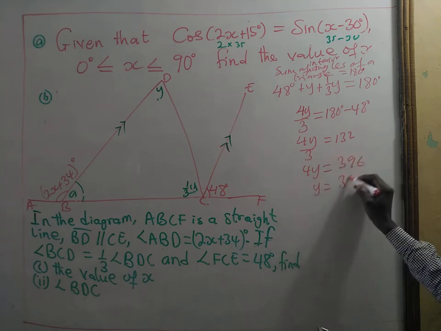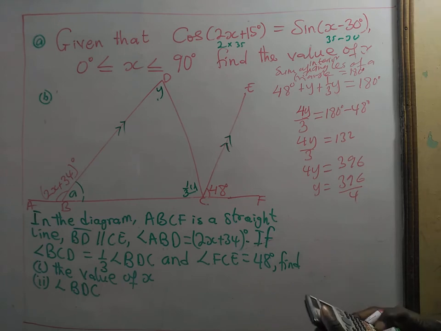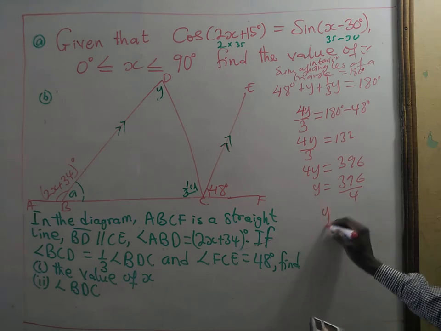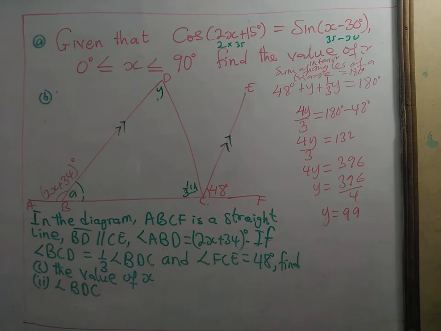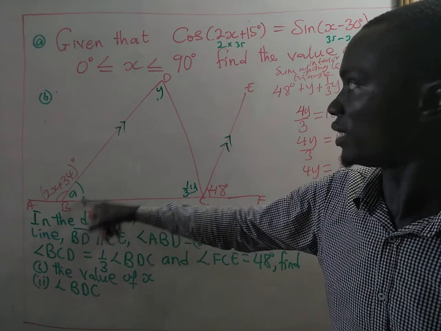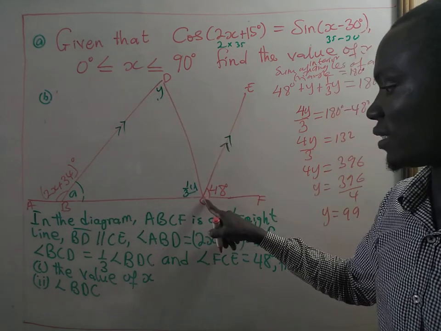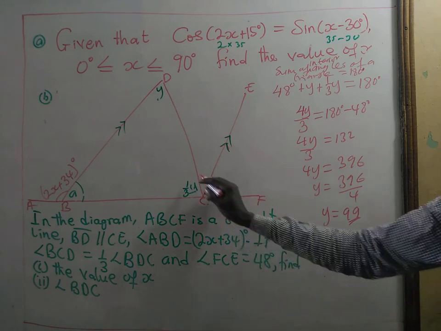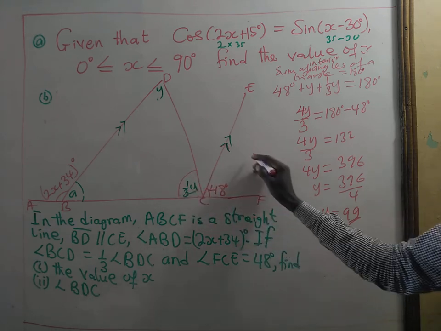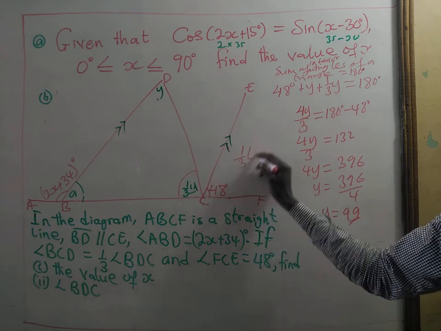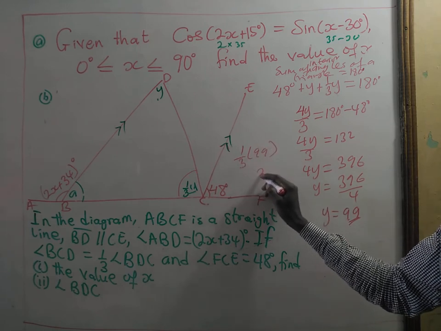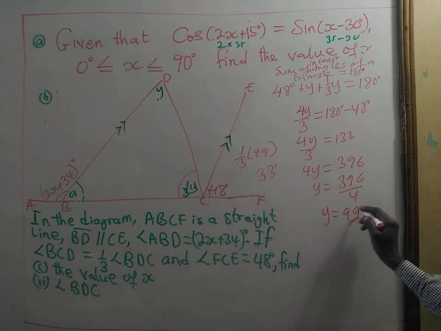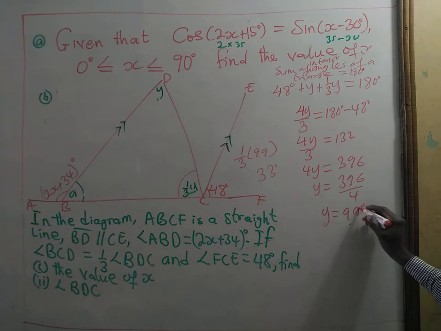Y equal to 396 divided by 4. And we have y equal to 99. So here, angle BDC is 99 degrees. And if we were to find this angle, we will just take 1/3 of 99, and that will give us 33 degrees. Remember to bring the degrees.